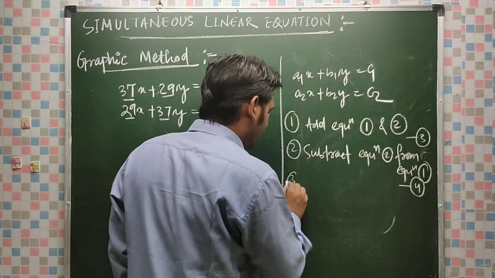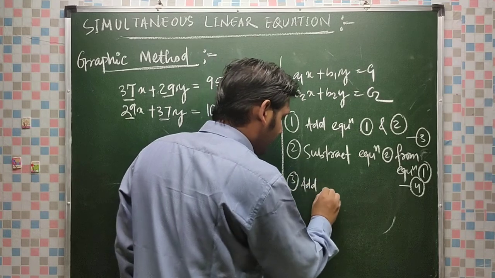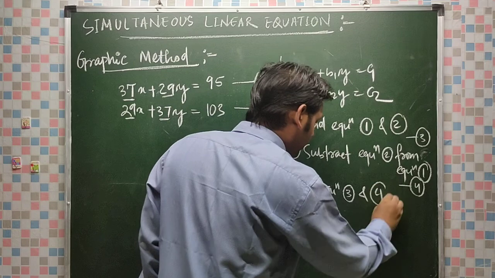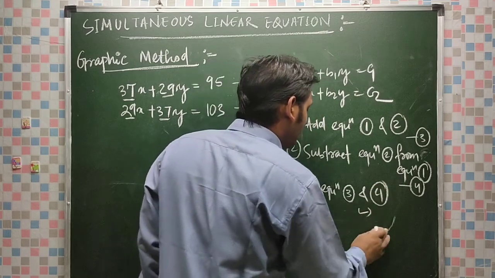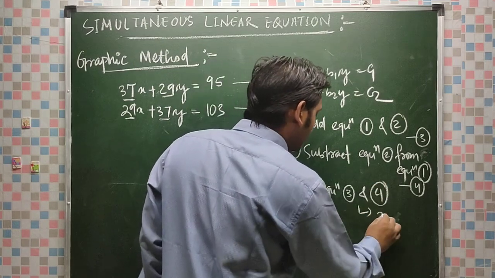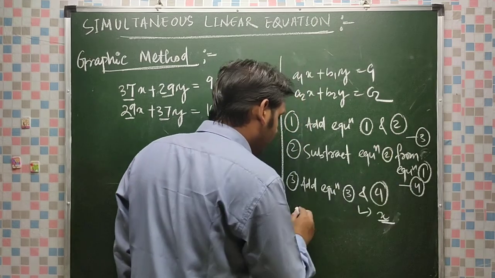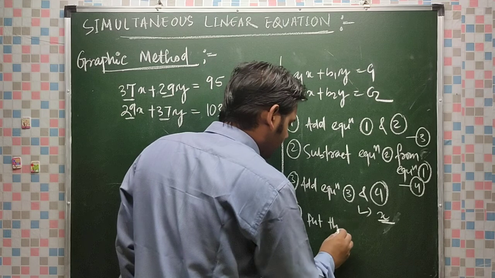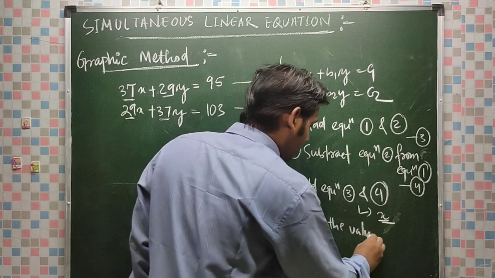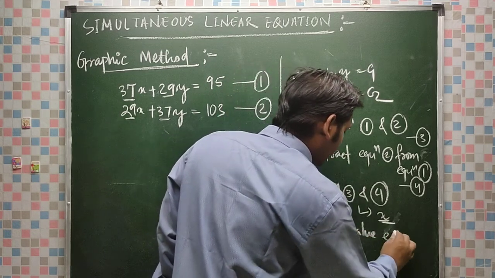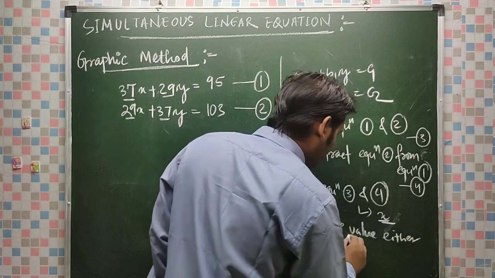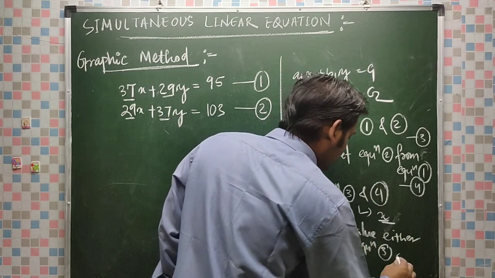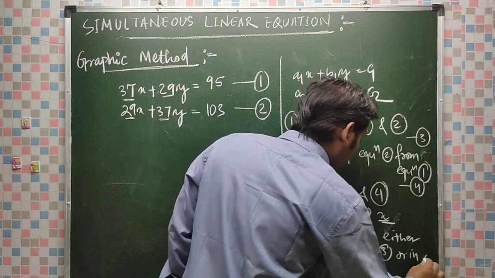Add both equations, 3 and 4. You will get the value of x or y, whatever that may be. Then put the value either in equation 3 or in 4.